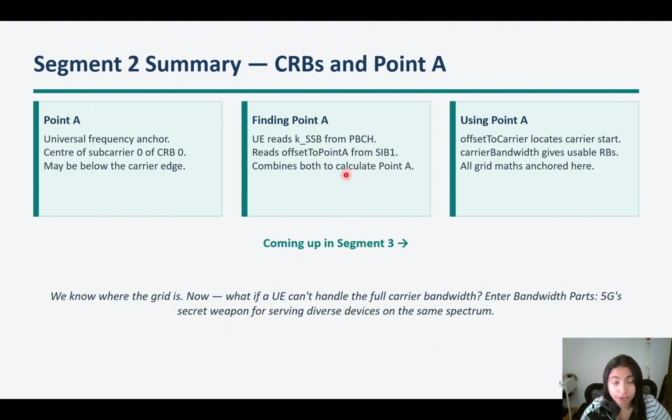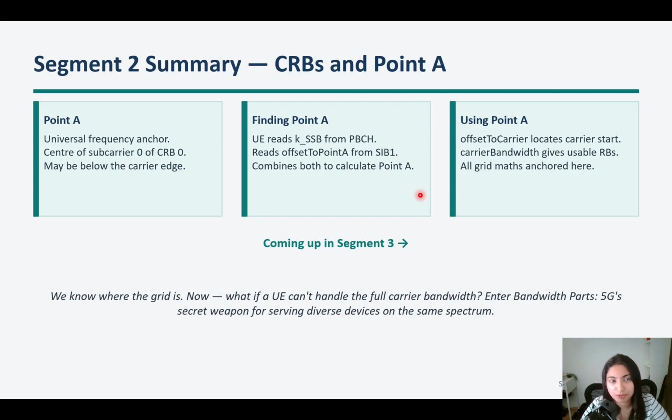So the UE combines offset to point A and KSSB to find the exact location of point A. The ASN.1 parameter called frequency info downlink in SIB1 provides the usable carrier bandwidth and the offset to carrier, which is the start of the usable carrier, and thus the UE constructs the entire frequency map of the carrier.